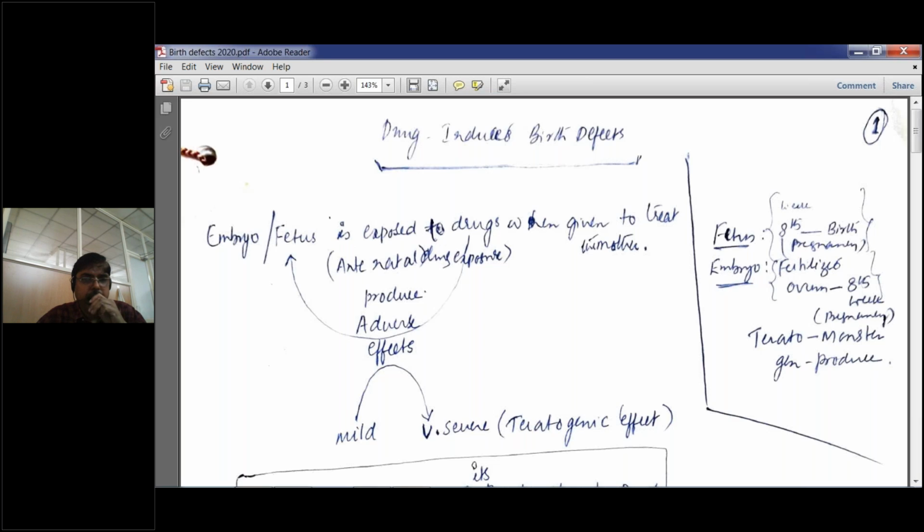Now, we need to understand certain basic things about the relationship between the drug and birth defect. Now, when you think that the drug can produce the effect on the growing fetus, can you reply?